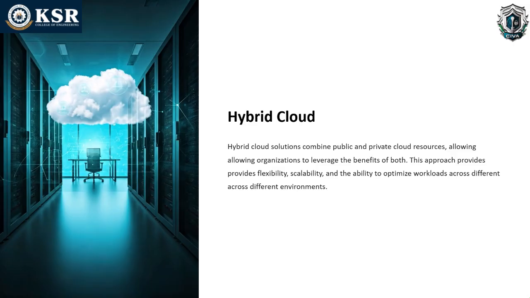That means the hybrid cloud gives you the best of both worlds: private when you need security, public when you need extra space. For example, an online shopping company keeps customer payment data in a private cloud for security, but hosts its website on a public cloud to handle heavy traffic during sales.